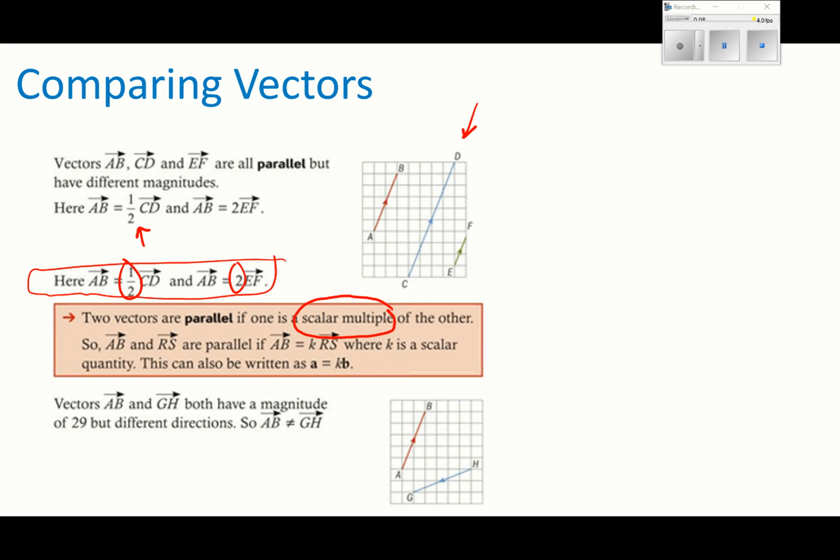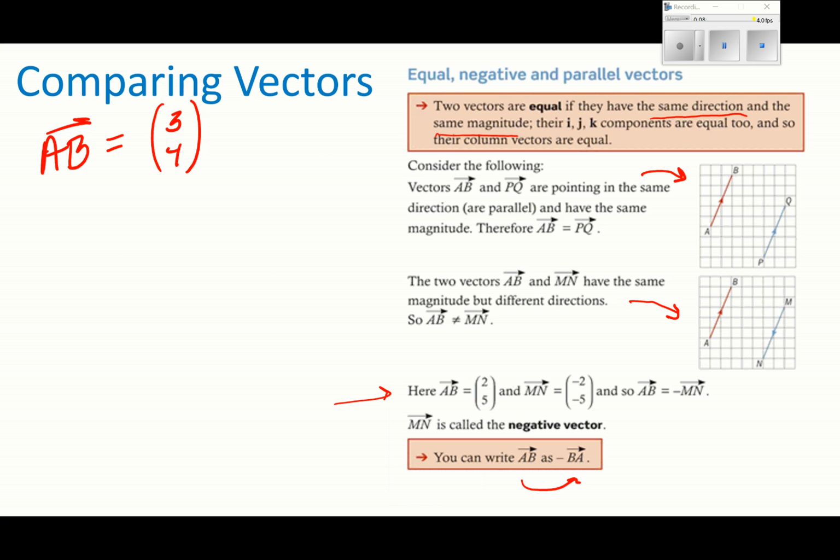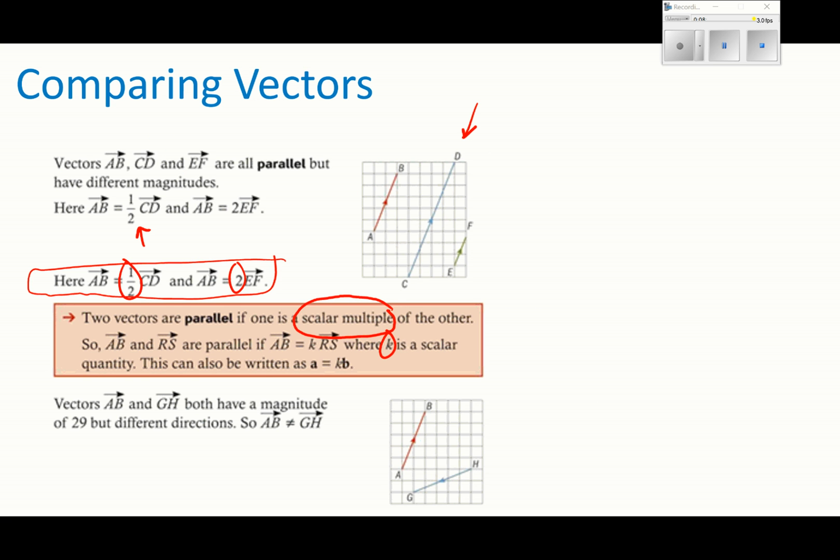All right, we introduce a new variable, this cursive k. Not to make things more complicated, but we had our unit vectors i, j, and k. This cursive k represents a scalar multiple.